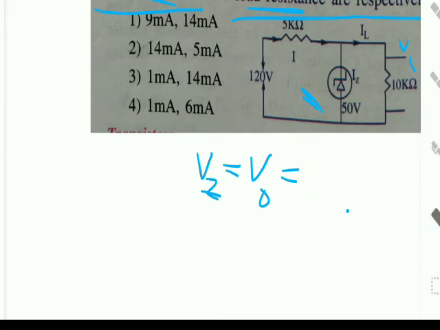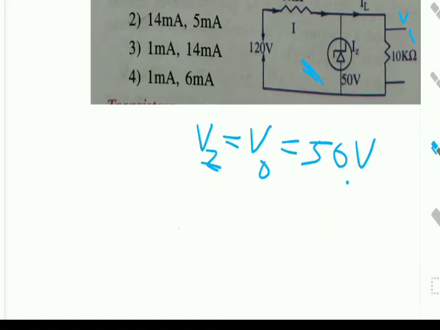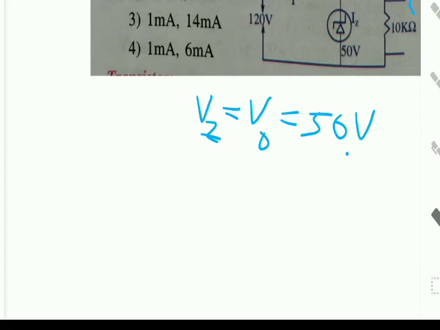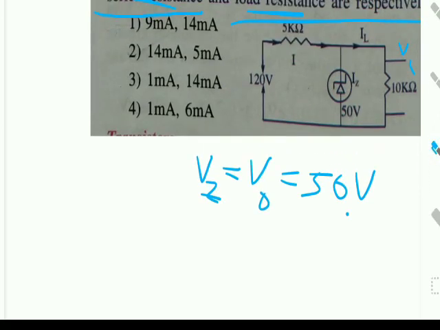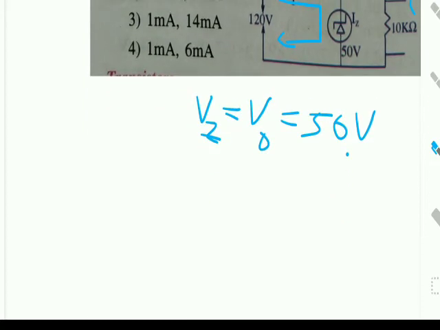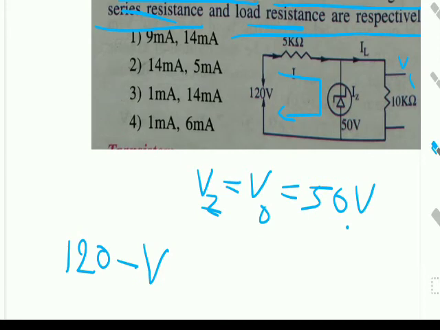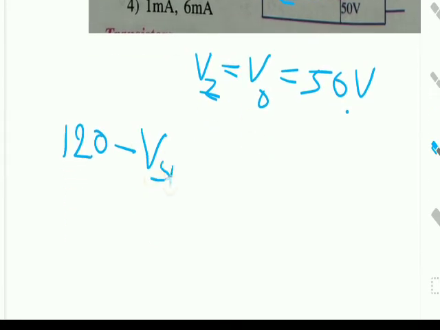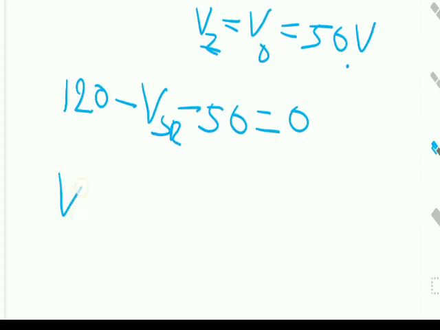Applying Kirchhoff's potential law in the left side of the circuit, 120 minus V series resistance minus 50 is equal to 0.